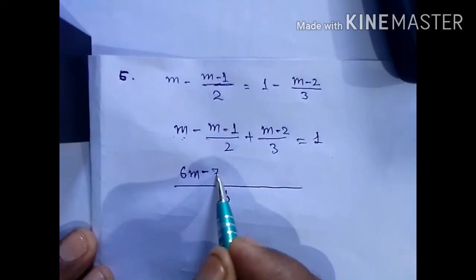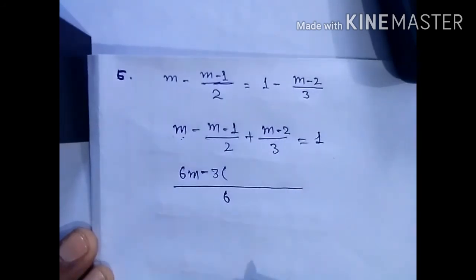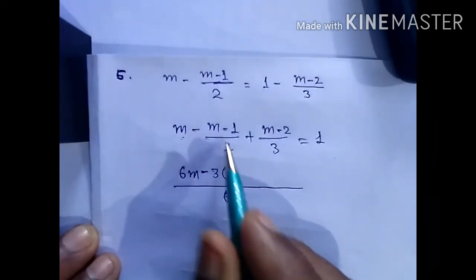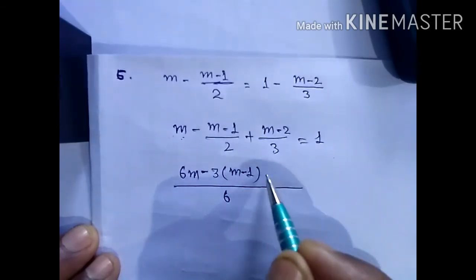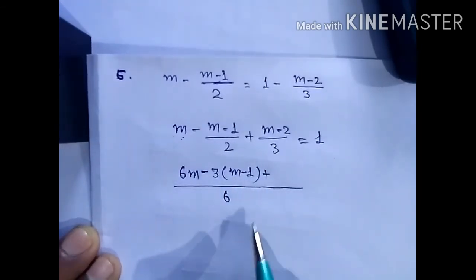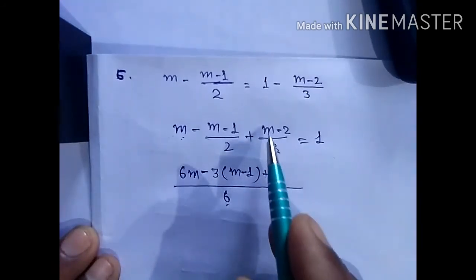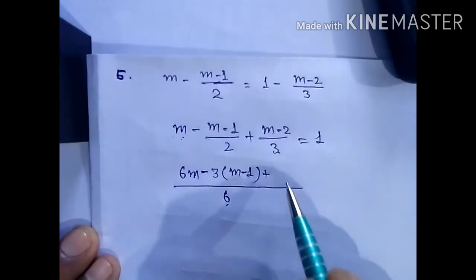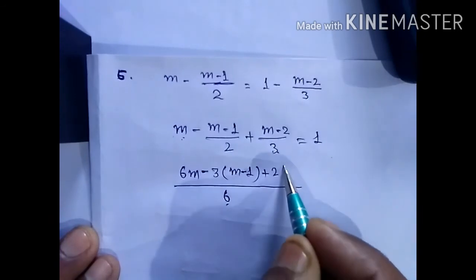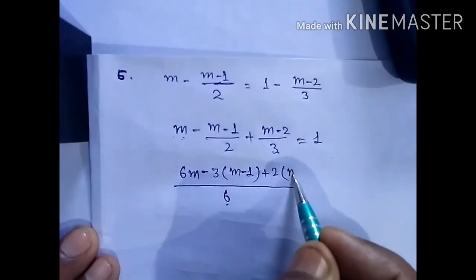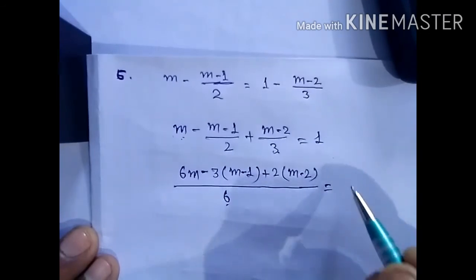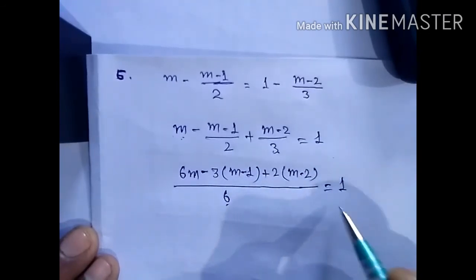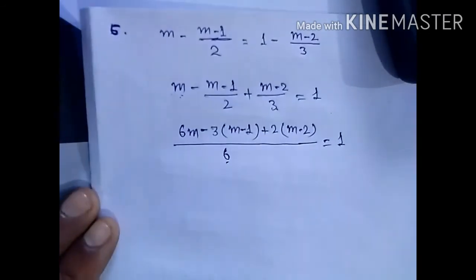Now minus, 2 times 3 is 6, student. So we have to multiply this by 3. So it will be m minus 1, plus this one, 3 times 2 is 6, so we have to multiply this numerator by 2. So 2 into this one, m minus 2 is equal to 1, this one on the right hand side of the equation, student.